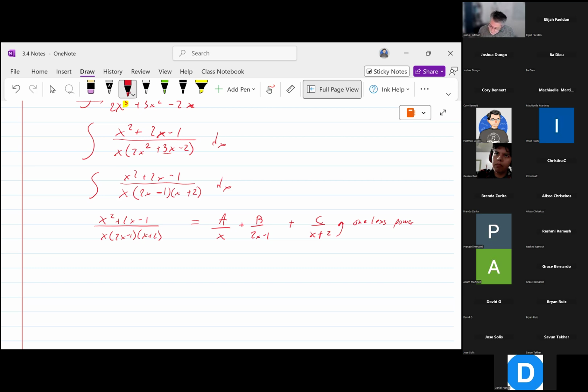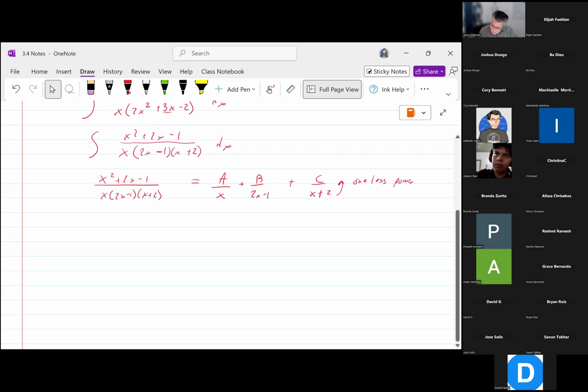So we have to account for the fact that they're one less power, which means one less level of complexity. It basically steps down one power. X to the first is just x, and then this goes to the x to the 0 term, which is a constant term. So here A, B, and C are constants.